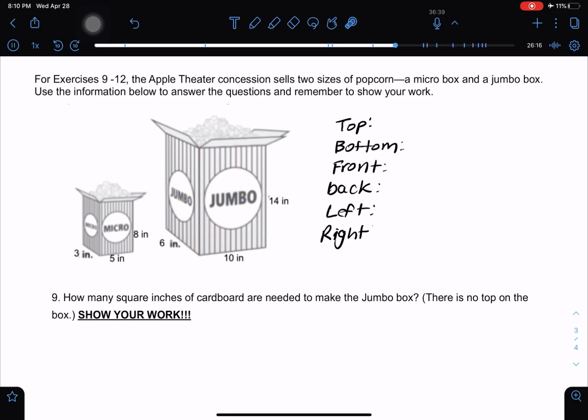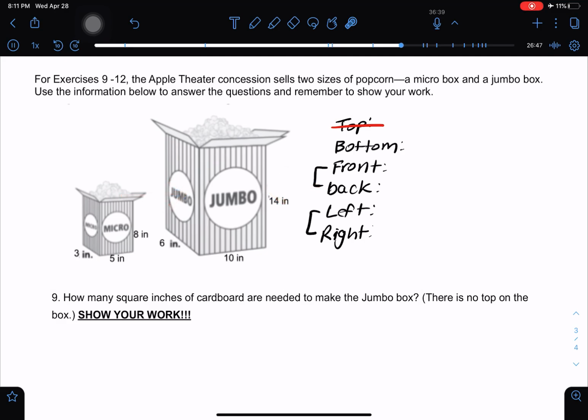Again, because this is a box of popcorn and because our problem tells us that there's no top, we will not have to solve for the top. We will only have to solve for the bottom, the front and back, the left and right. And if we remember, the front and back are opposite sides, so they're going to be congruent. So the front and back are congruent, which means the left and right will also be congruent.